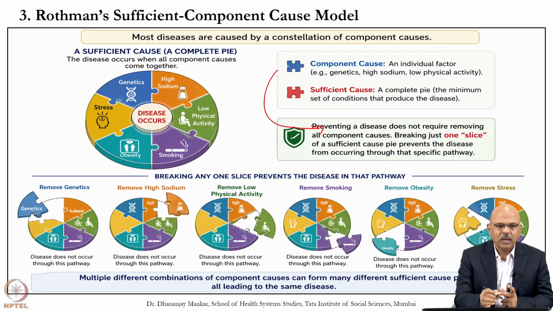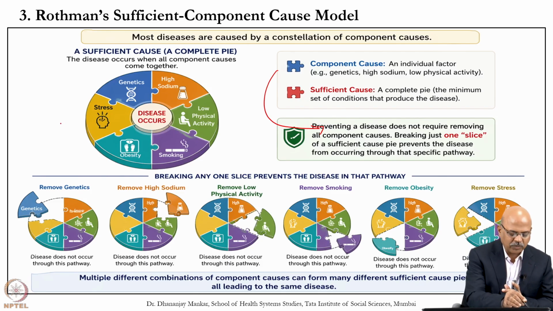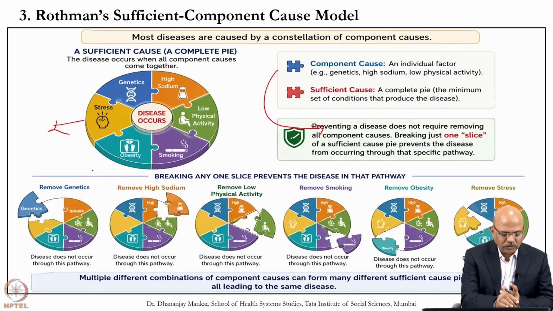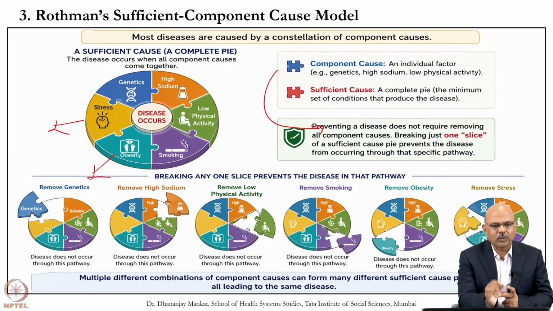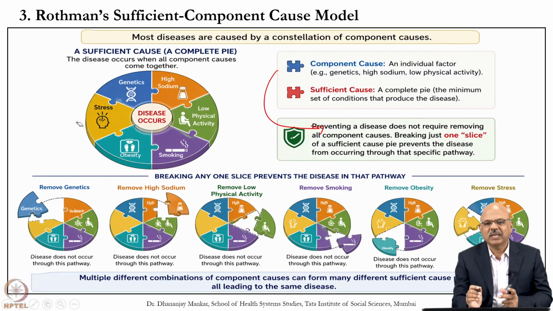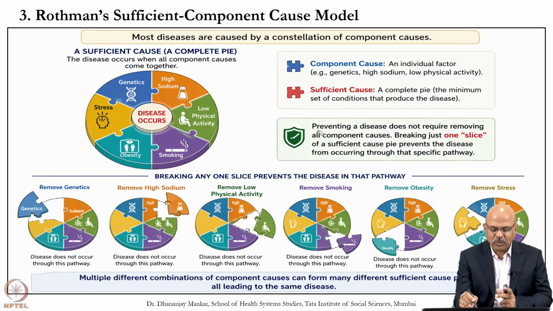If the stress slice is removed, it is sufficient to break this cycle. Or even if you start reducing obesity, you can break this. So, prevention means breaking one slice, which can be seen as the Rothman sufficient component cause model.